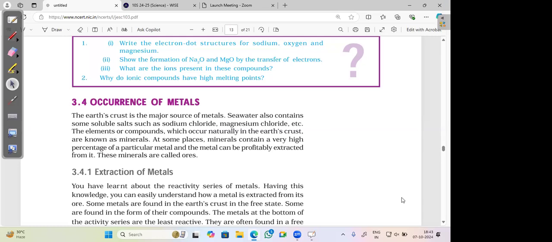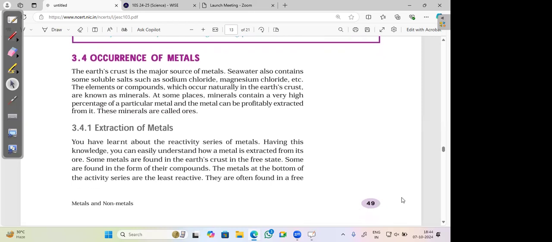Because of the strong electrostatic forces between the two ions. Okay, all right. Because of the strong electrostatic forces between the ions, the ionic compounds have high melting points.